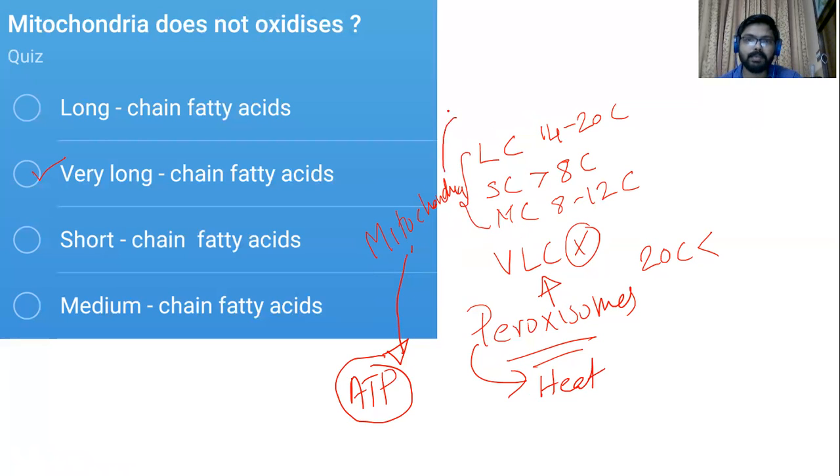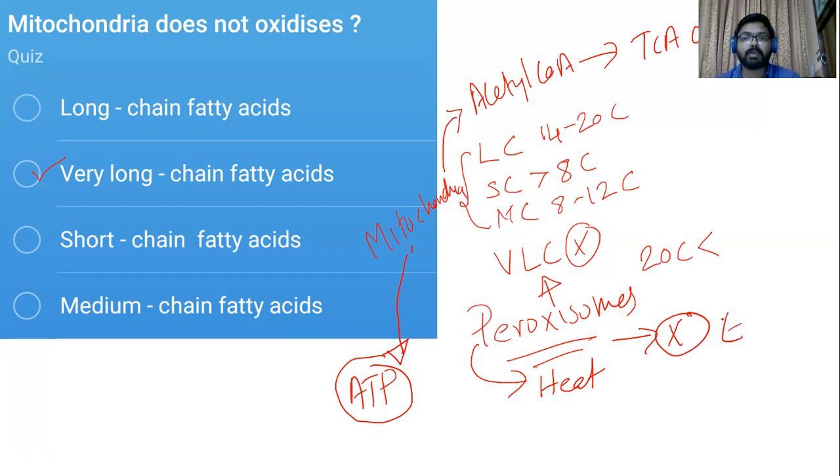Oxidation of fatty acids produces the two carbon compound acetyl CoA, and this acetyl CoA enters the TCA cycle within the mitochondrial matrix, and then the electron transport system. But in peroxisome, there is no electron transport system present.